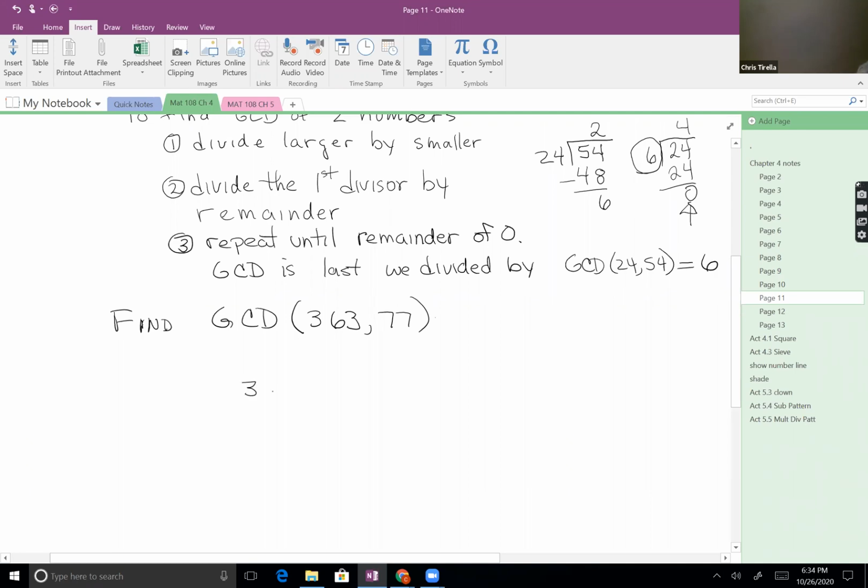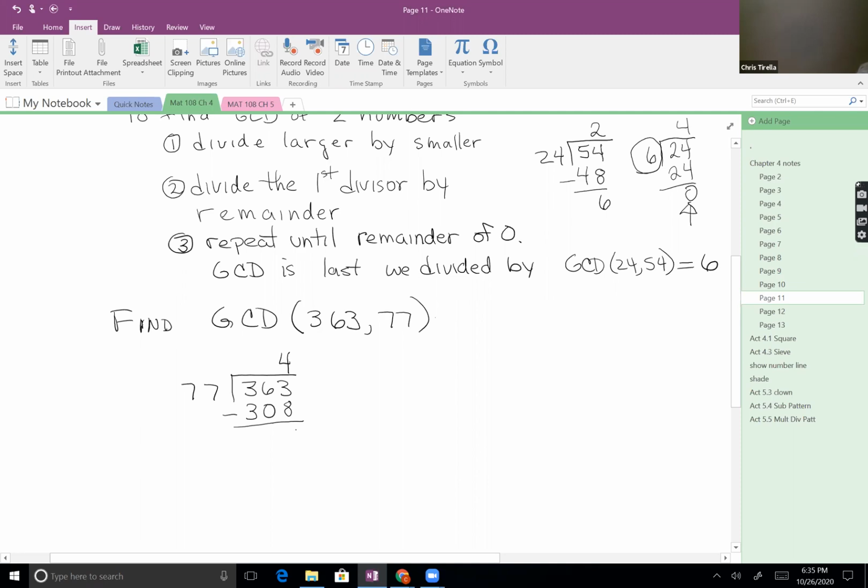So we'll take 363 and divide it by 77. I think 5 would be too big, so let's try 4. 4 times 7 is 28. Carry the 2. 4 times 7 is 28 with that other 2 is 30.